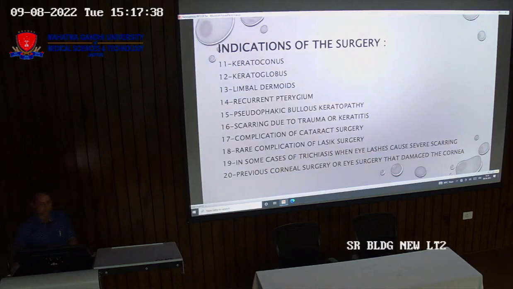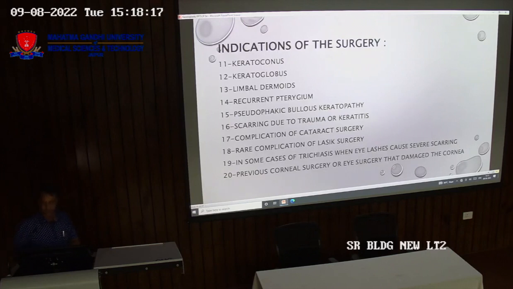Other indications are keratoconus, advanced cases, keratoglobus, limbal dermoids, recurrent pterygium, and pseudophakic bullous keratopathy after cataract surgery which damages the endothelium. Also scarring due to trauma or keratitis, complications of cataract surgery, Descemet membrane detachment during surgery, a rare complication of LASIK surgery, in some cases of trichiasis when eyelashes cause severe scarring of the cornea, and previous corneal surgery or eye surgery that damaged the cornea.